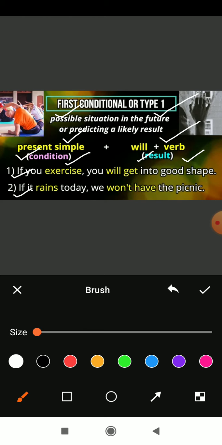Now let's discuss and understand the first conditional clause with the best examples we have here. The first example: if you exercise, you will get into good shape. Yes or no? Yes, it is a real fact. Some of the students in your class don't exercise at all.